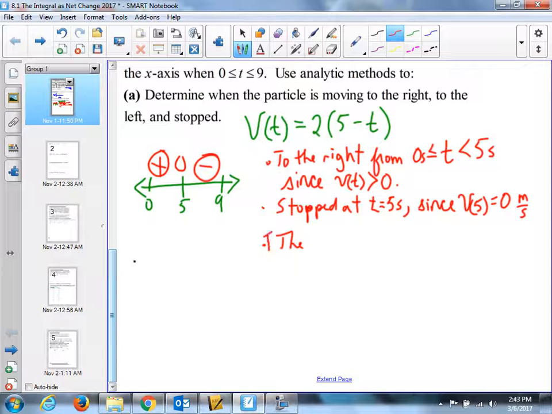And to the left, from 5 seconds, on the interval, I guess, to the left on the interval from 5, that'd be a better statement. On the interval from 5 seconds to, what is it, 9 seconds.